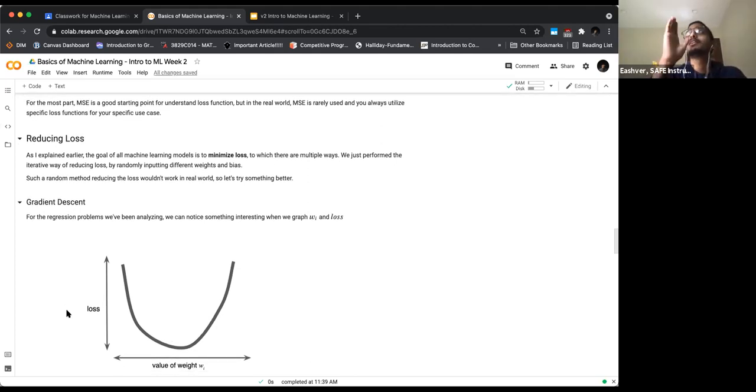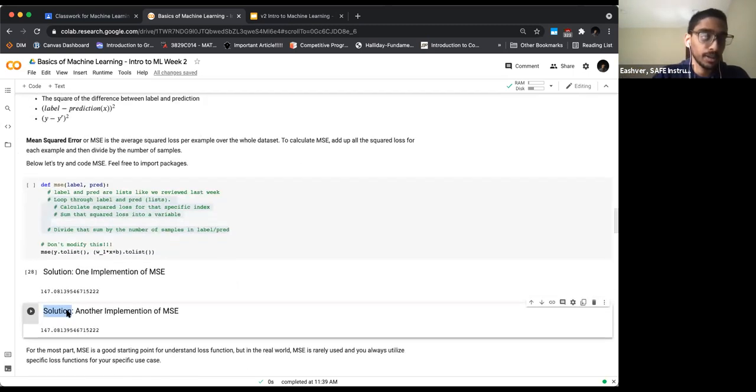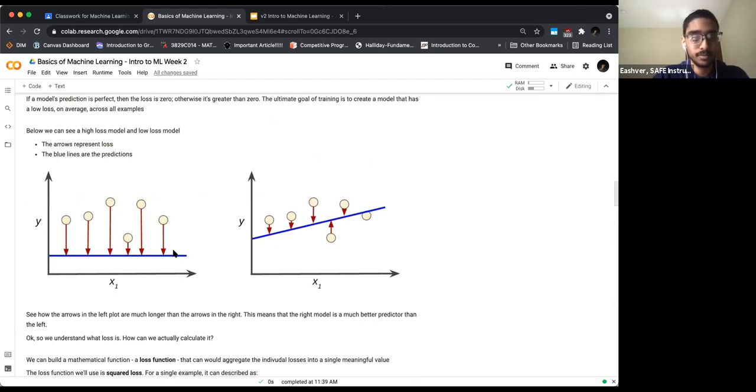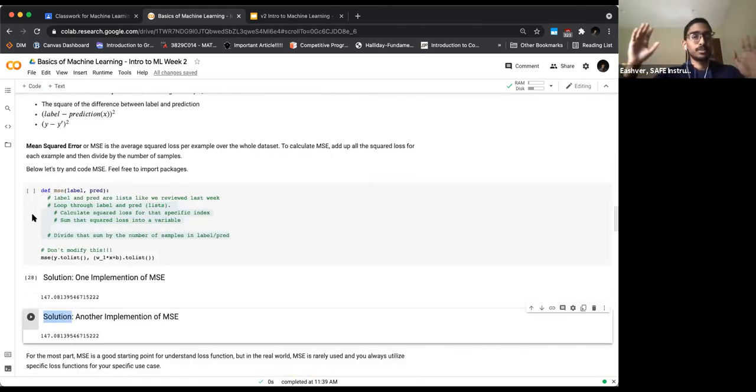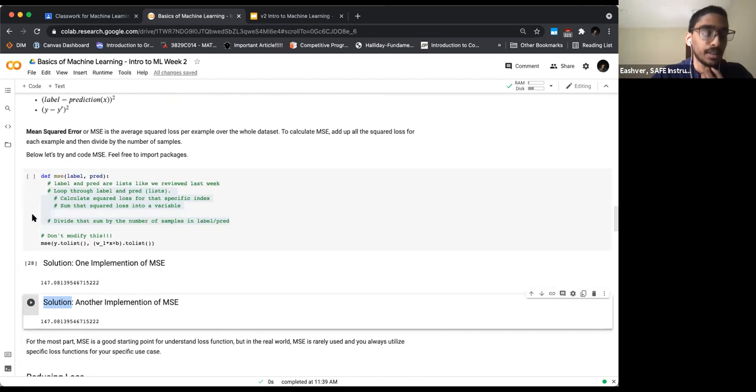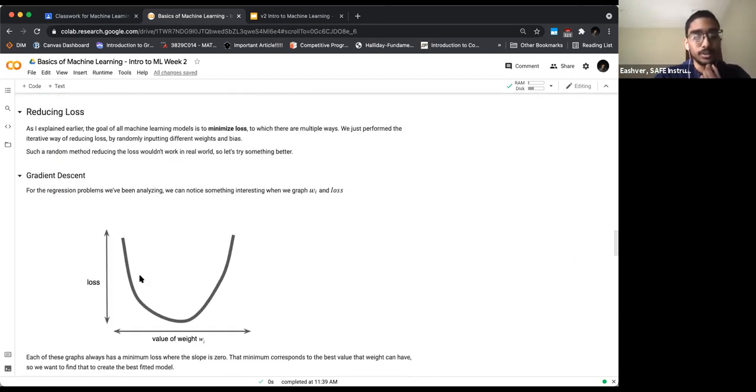So for all possible values of W1, the slope of the line, say from -10 to 10, when you graph that against the loss, you get a function that looks like this, where there's a point where a certain weight minimizes the loss.